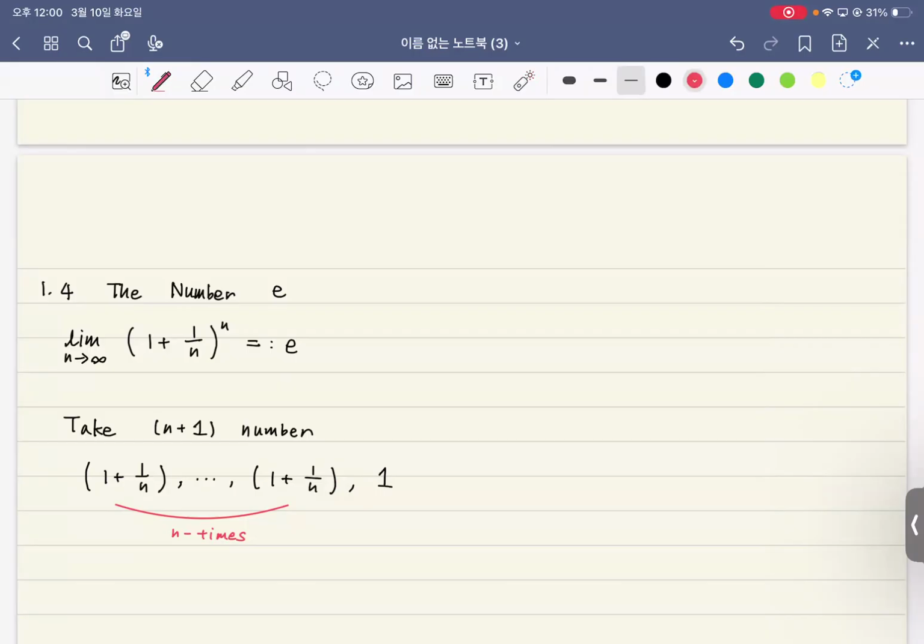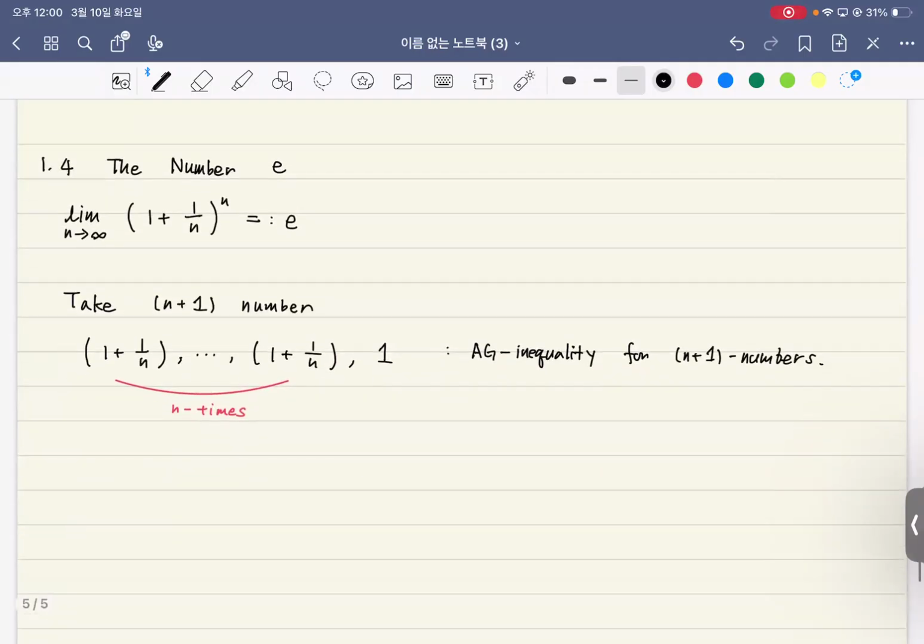AM-GM inequality for n plus 1 numbers. So what is the geometric mean of these numbers? We multiply everything and raise to the 1 over n plus 1 power.